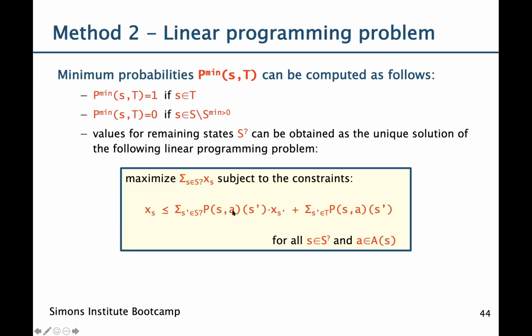So for any available action a, it's the sum over s prime of the probability that if we take a, we go to s prime, multiplied by the value for s prime, and then we also add the probability that when we're in s we reach the target in a single step.